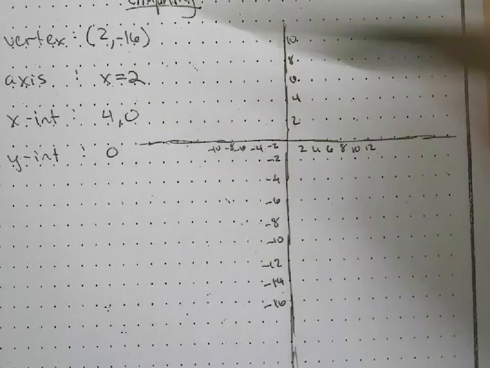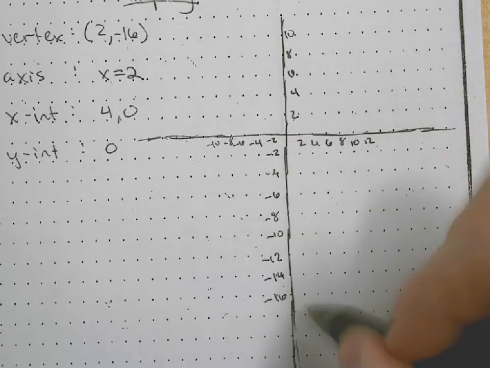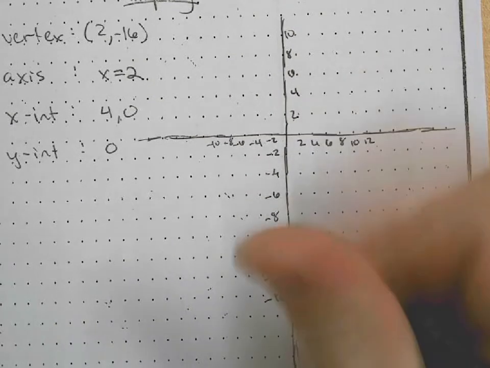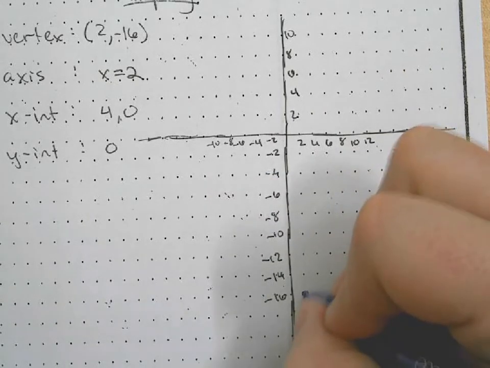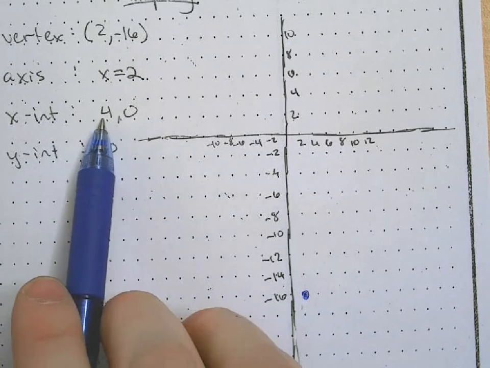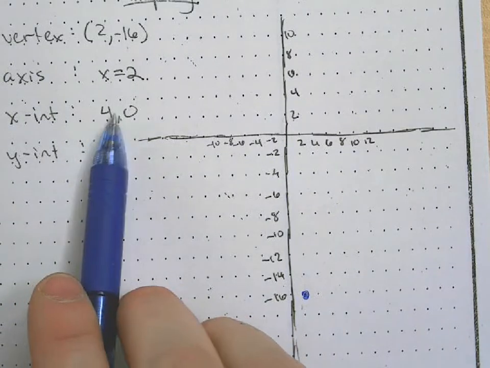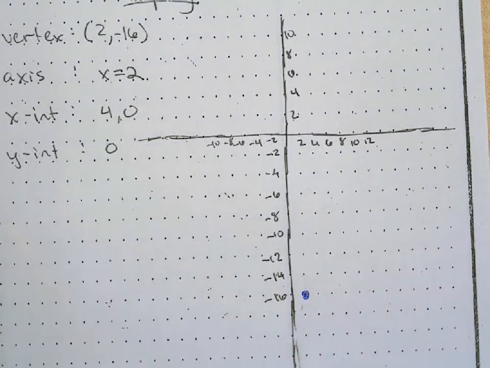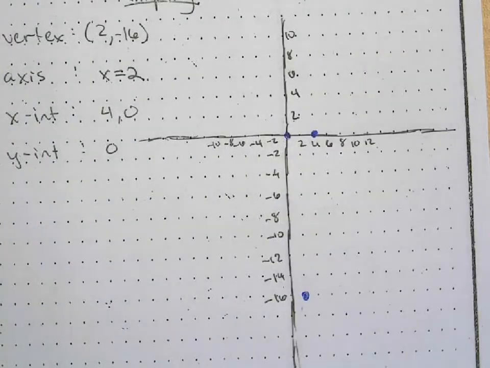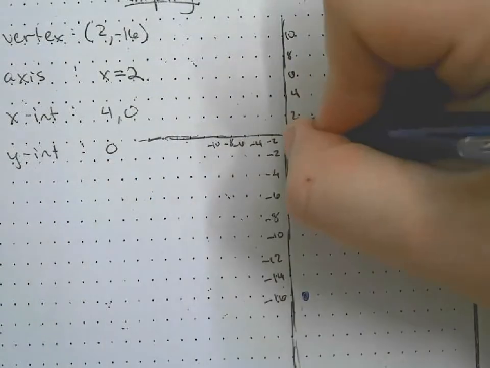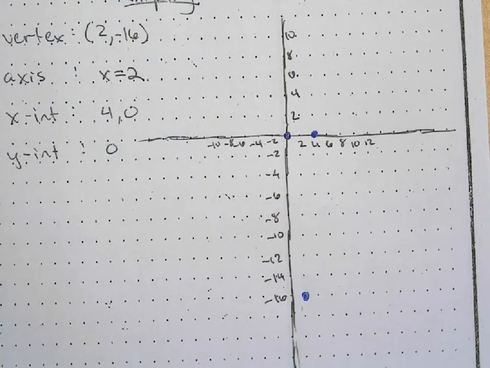So we'll start at our vertex, which is at 2, negative 16. And then I have my x-intercepts are 4 and 0. Remember, these are our x values on the x-axis. So 4 and 0. Then I have my y-intercept is at 0, so I already got that point marked.